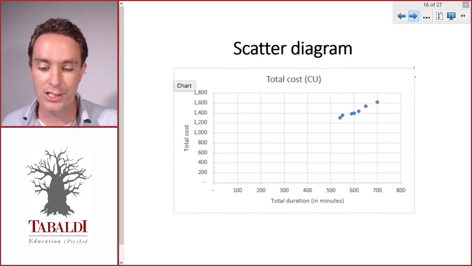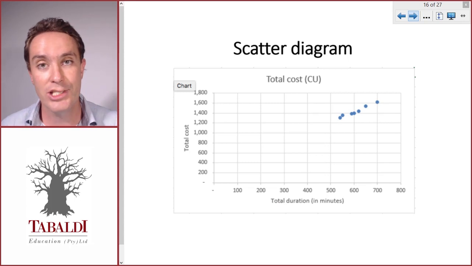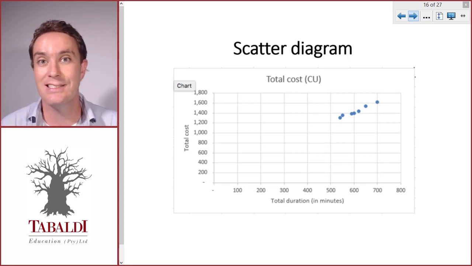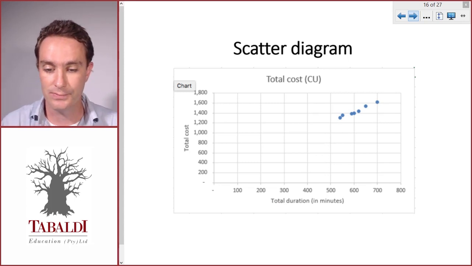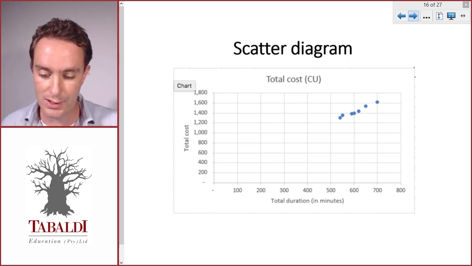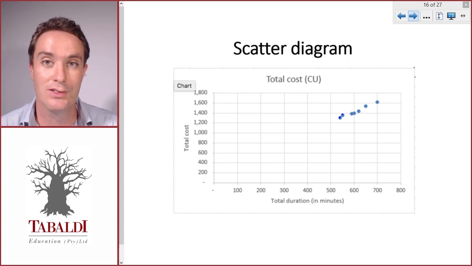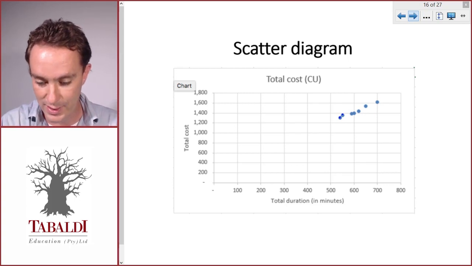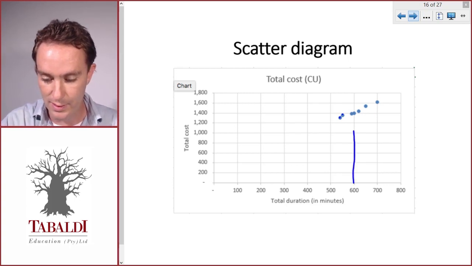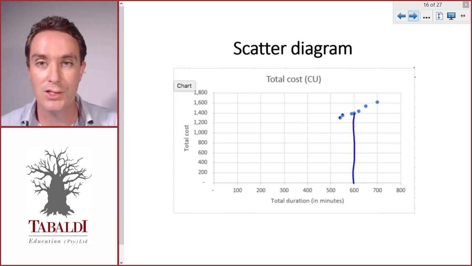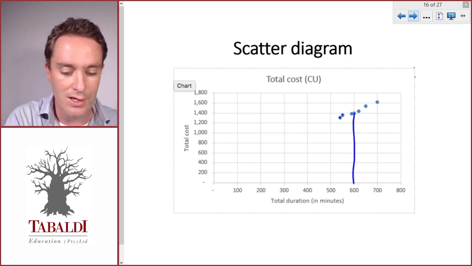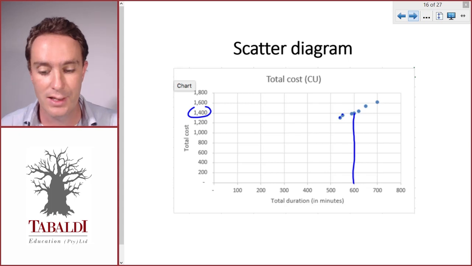Now let's look at the relationship between the total duration and the total cost. This is the amount of time we spend on the phone. Again, we plotted all the months, so each month represents a dot on this graph. For instance, when we spent 600 minutes on the phone, that cost us 1,400 in that particular month.